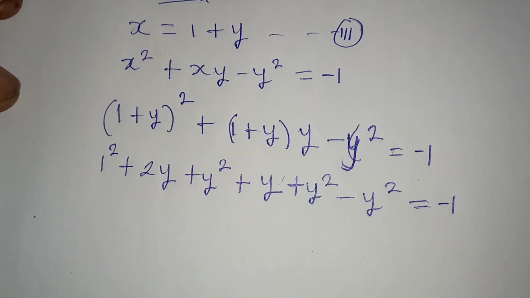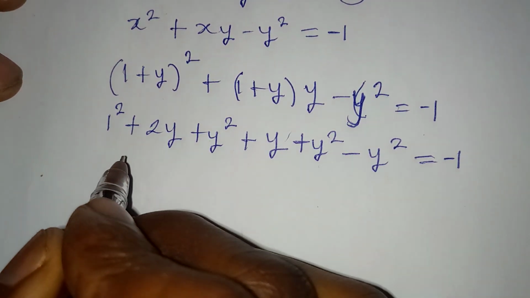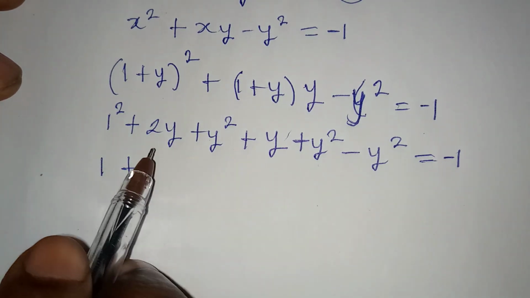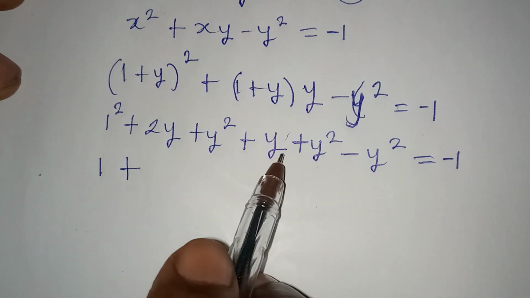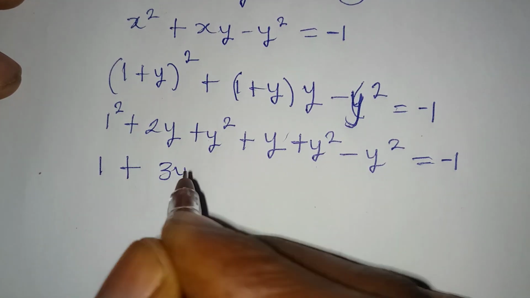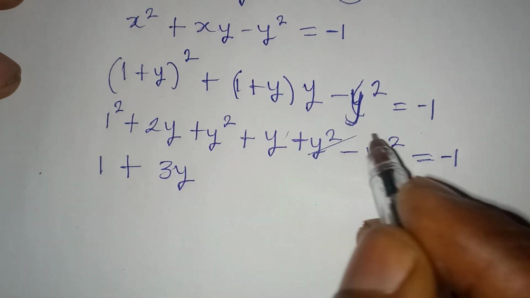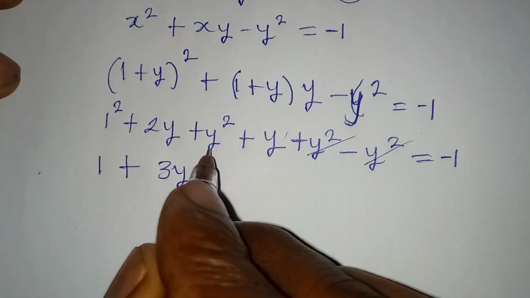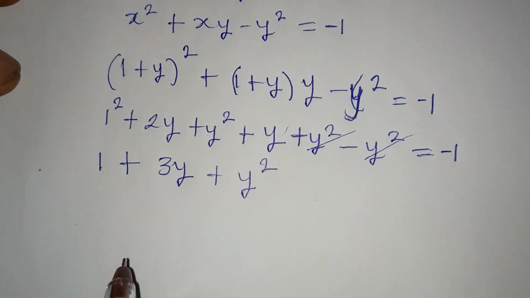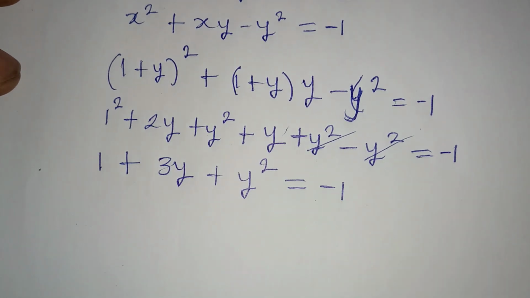Now here is what we'll do again. From here we have 1 squared is 1, plus 2y plus y will give us 3y. Then y squared minus y squared will cancel itself. So we're having just plus 3y here, plus y squared here, and this is equal to -1.